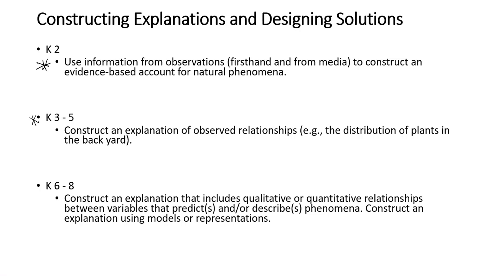Right? So when you go to K3 to 5, you are talking about relationships. So I have two hot plates. One hot plate here is a small hot plate with my basin there.